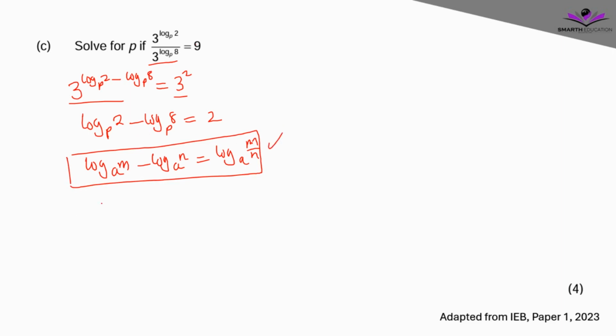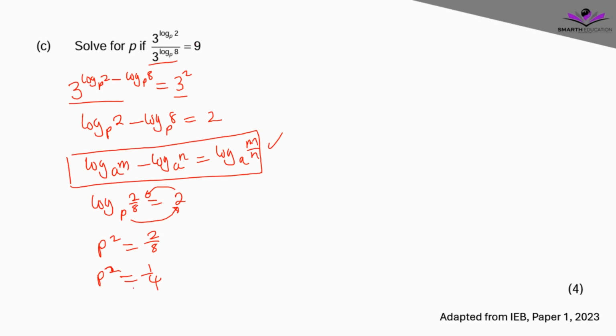So it means it's going to be log 2 over 8 to base p is equal to 2. Now we have to change from logarithmic form to exponential form. It's going to be p squared is equal to 2 over 8, which is like 1 over 4. So p squared is equal to 1 over 4.